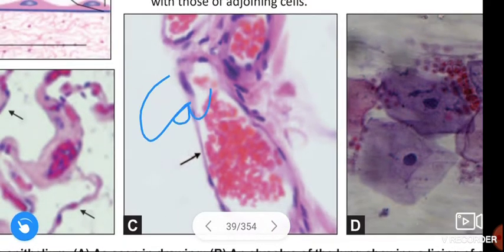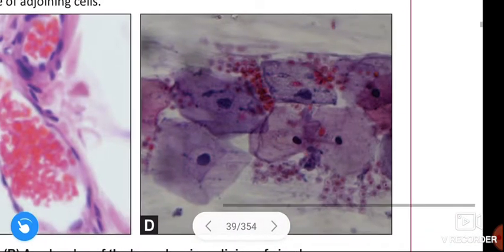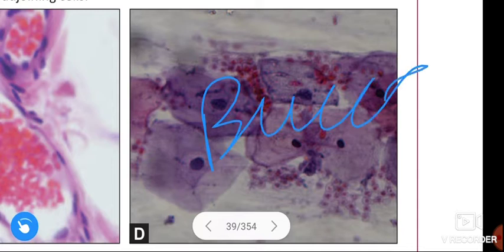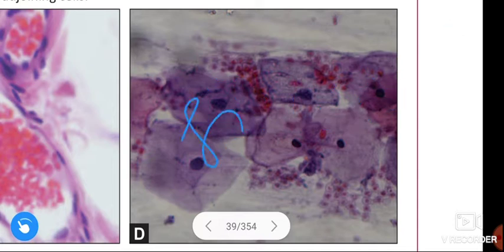And next, see this figure. This figure represents the simple squamous epithelia in buccal smear.